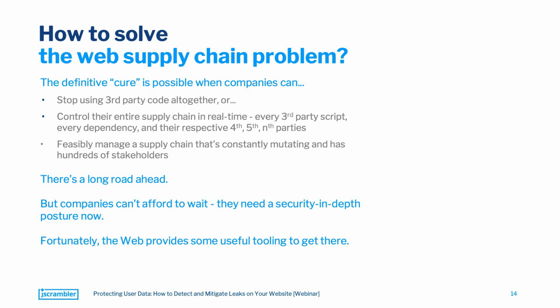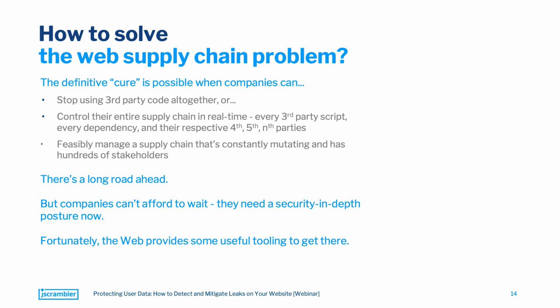And yes, in theory, this problem would disappear if companies stop using third-party code altogether. However, this seems highly unlikely because right now we are seeing the exact opposite. Companies are actually relying more and more on third-party scripts, and their web supply chains are increasingly growing.